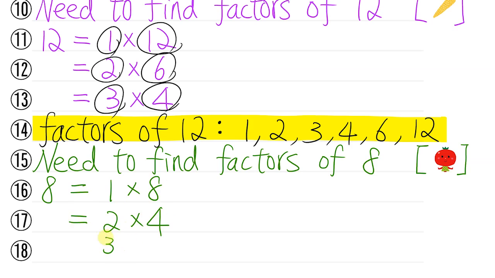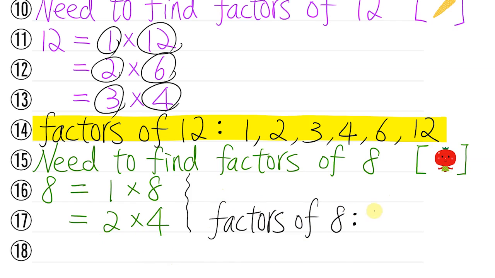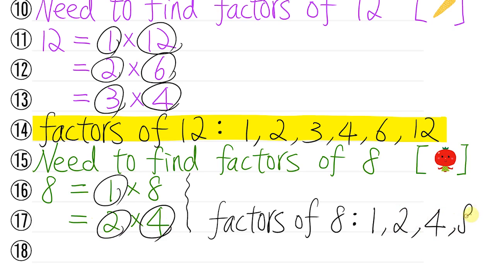But it's impossible to write 8 as 3 times something. And so the next number we'll try is 4. But 4 appeared here already. So we know we can stop here. Therefore, factors of 8 are 1, 2, 4, and 8.